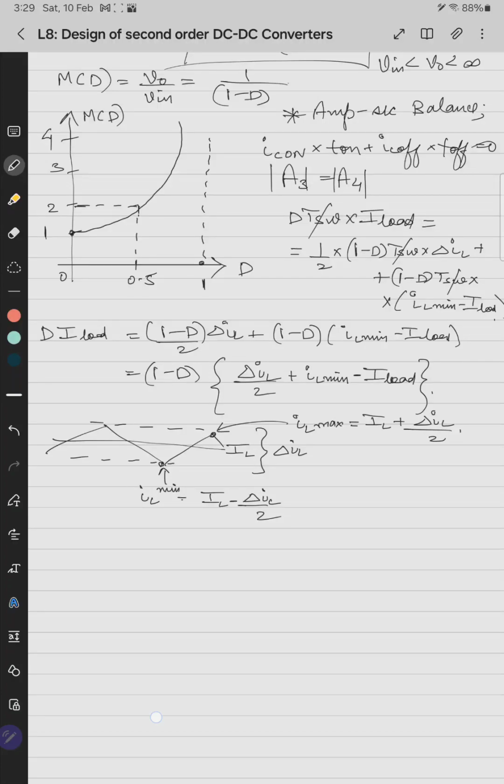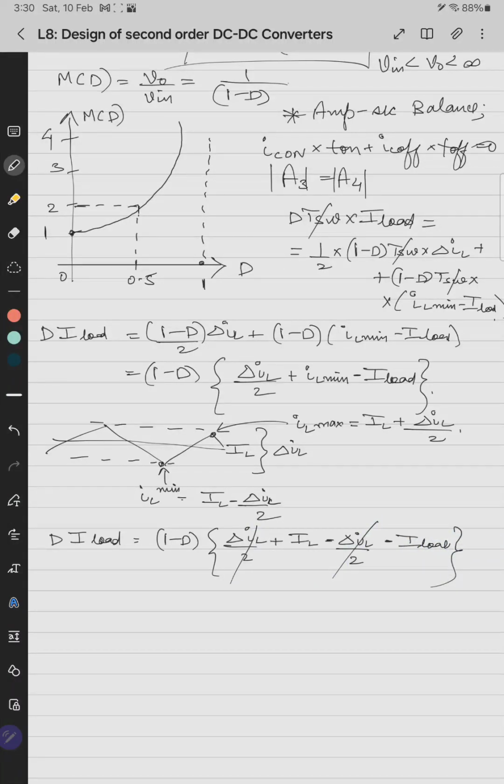So if you substitute, it will be D into I load is 1 minus capital D into delta IL by 2 plus IL minimum. IL minimum is capital IL minus delta IL by 2 minus I load.